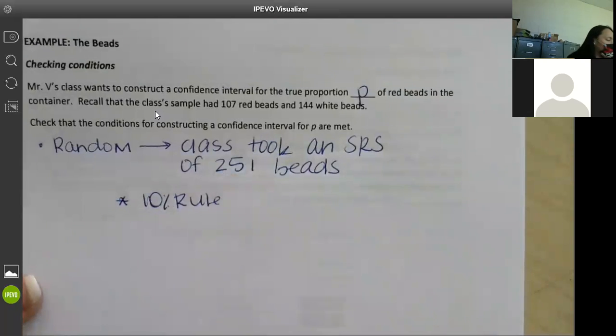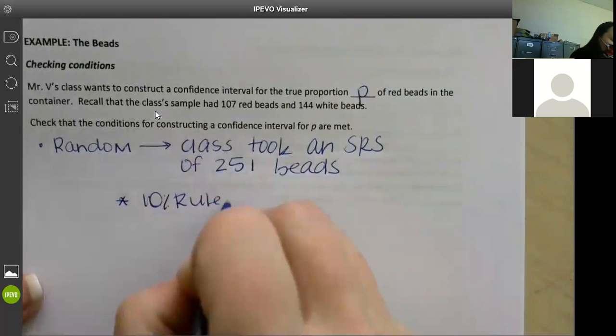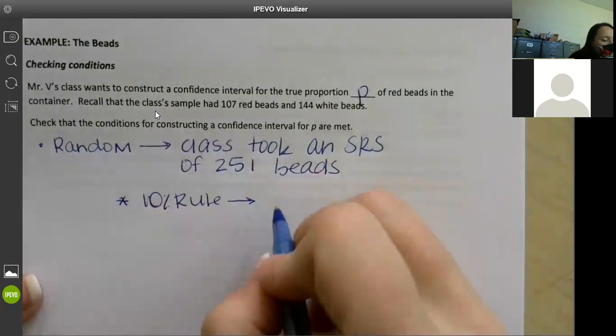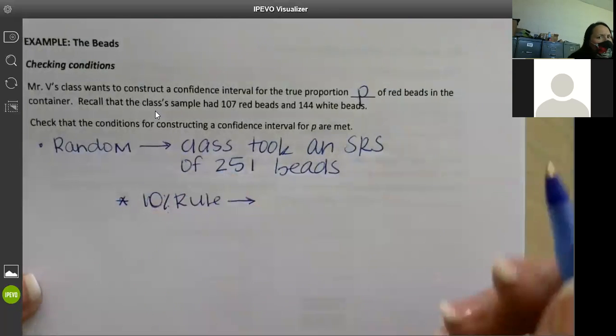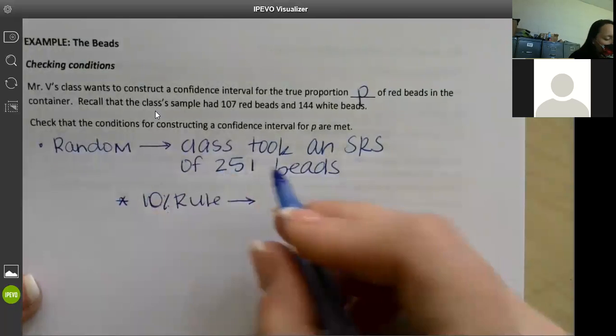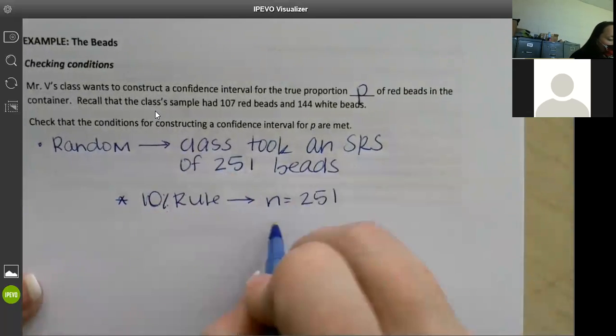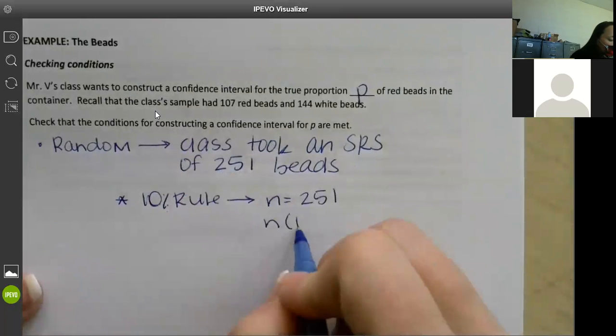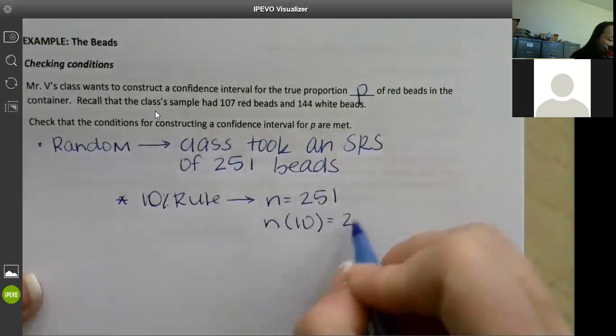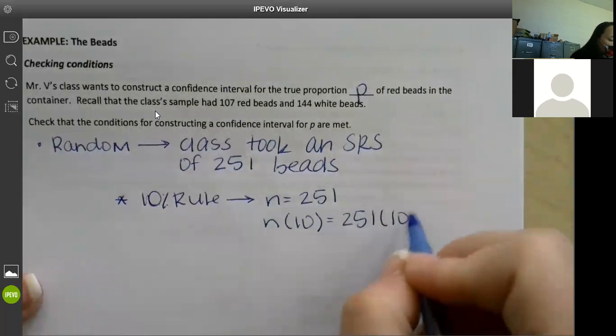You want to check your 10% rule? What was your N? What was your sample size? 251. So we do N times 10, or 251 times 10.